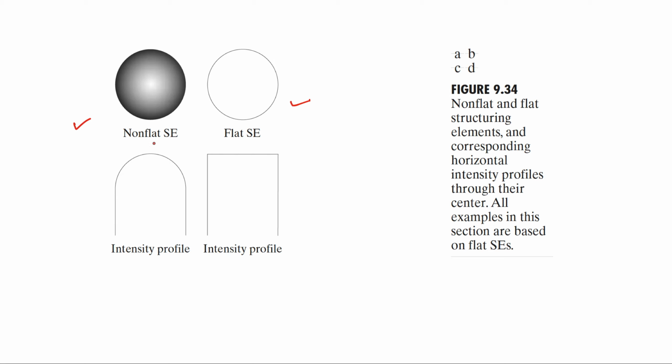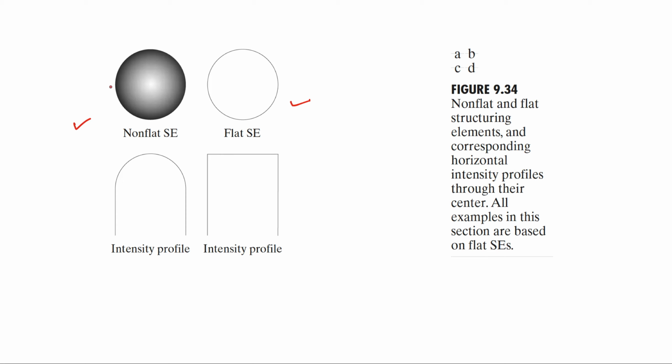The difference between the non-flat and flat structuring element is quite clear from the diagram itself. The non-flat structuring element uses different intensity values which gradually increase from its boundaries to the center.